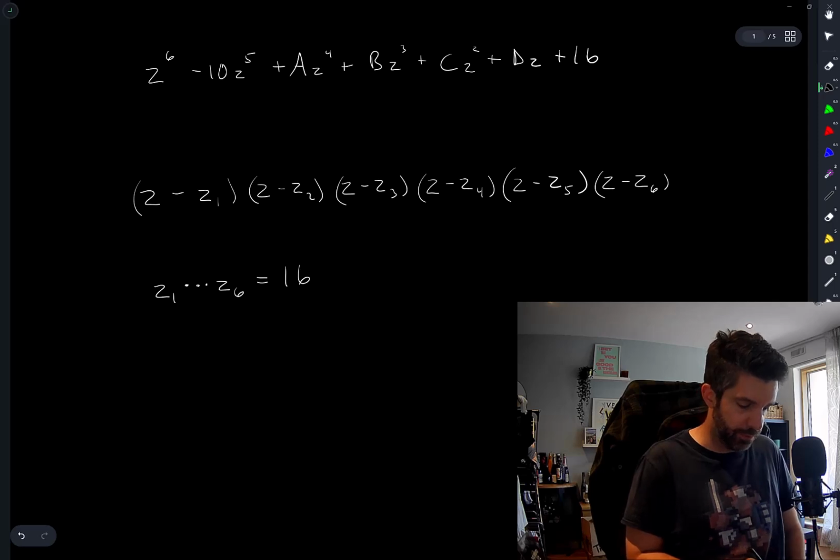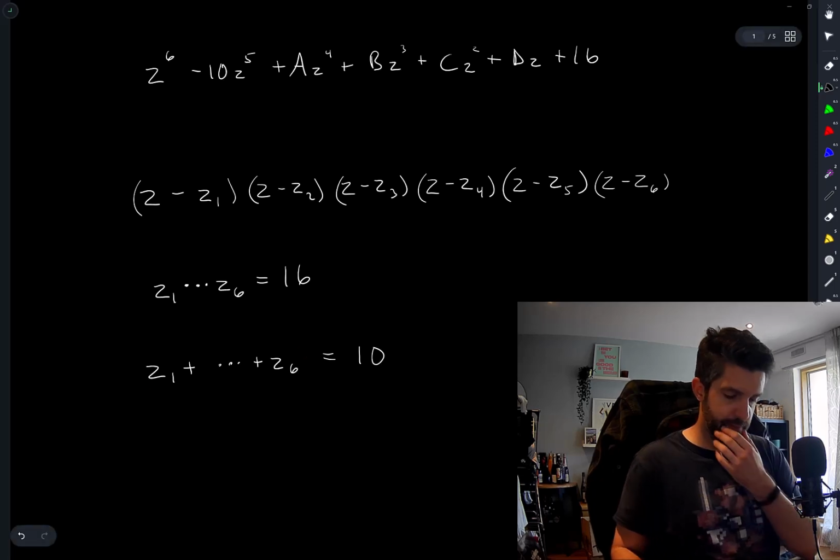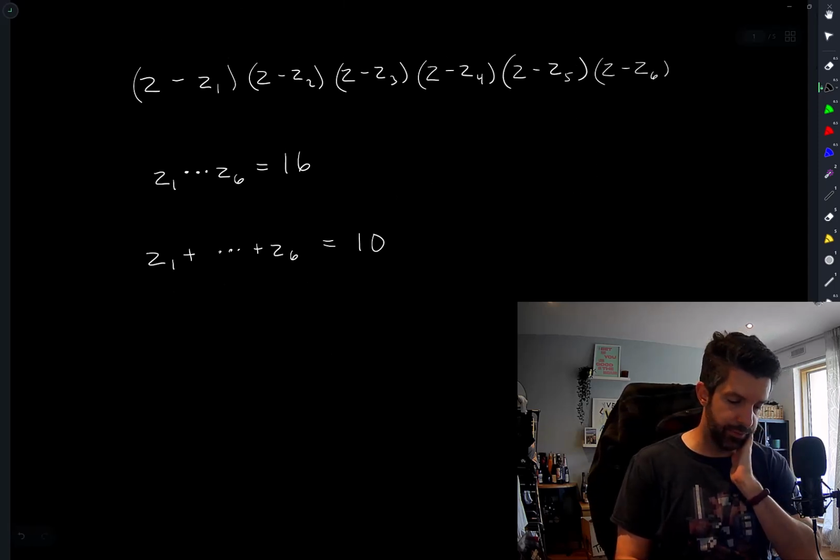So the sum of the roots, z1 plus up to z6, is equal to 10. Okay, so maybe we can figure out now what these roots have to be.